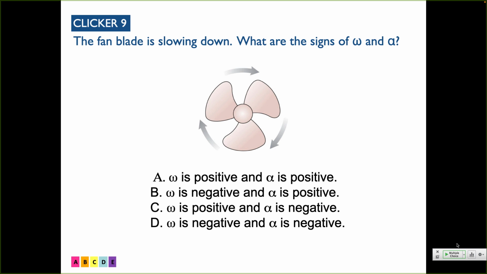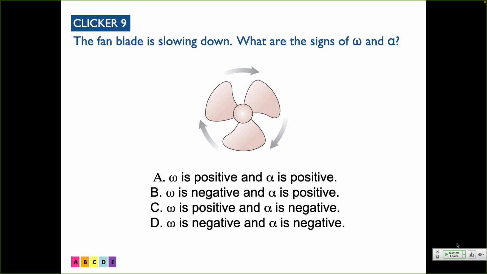But in math, unfortunately, clocks are wrong and we go counterclockwise, okay? Counterclockwise is the positive direction. So if you picked that these are opposite, you got the main concept right. If you said that one of them's positive and one of them's negative, good, because it's slowing down. But to be technically correct when we're dealing with rotation, in order for something to be positive, it has to be going counterclockwise.